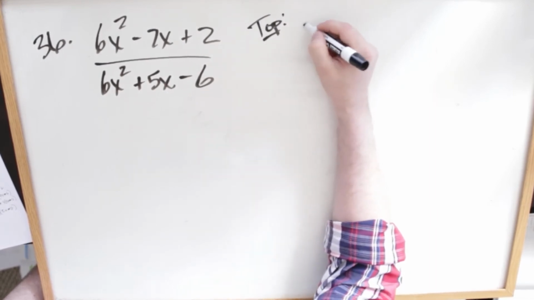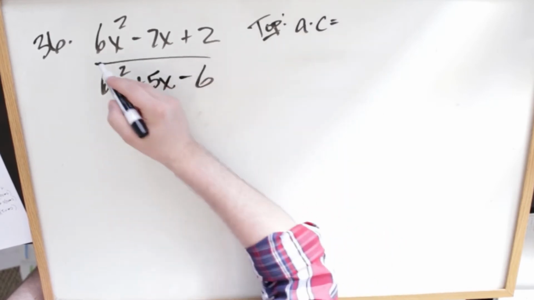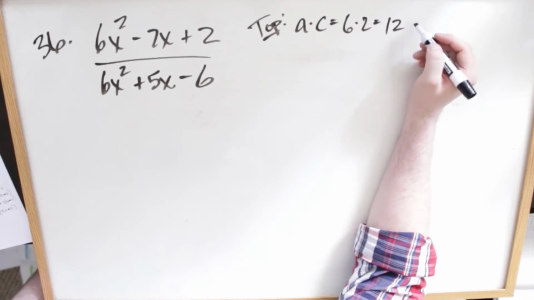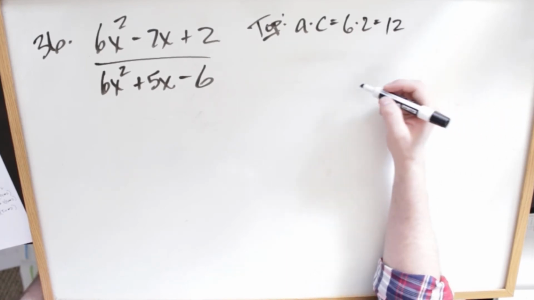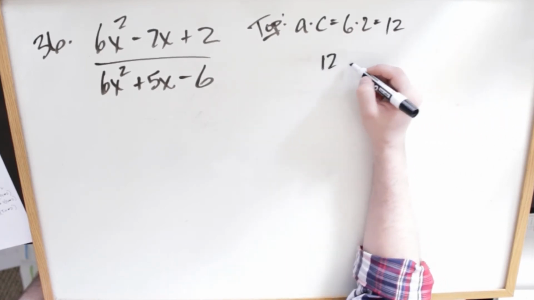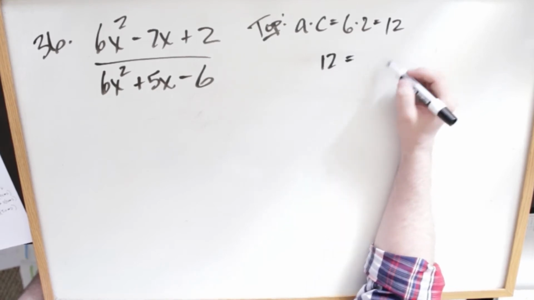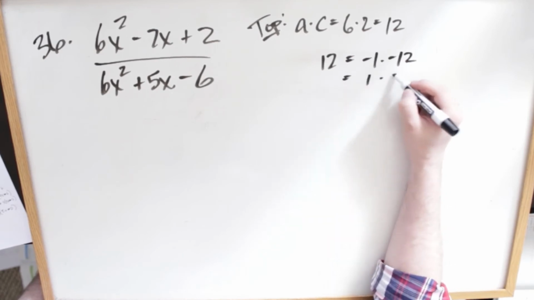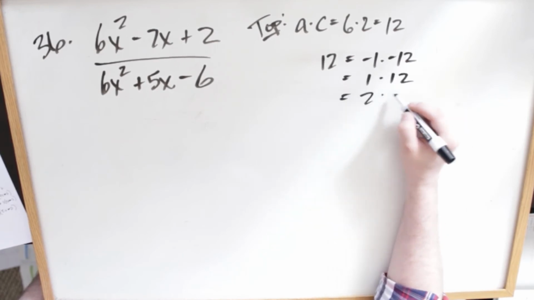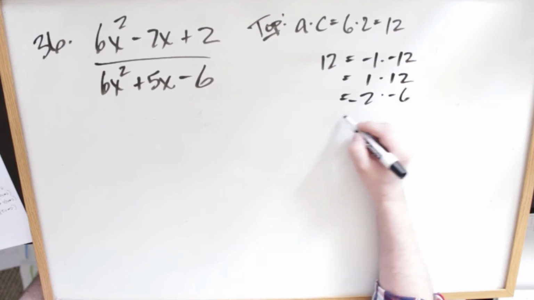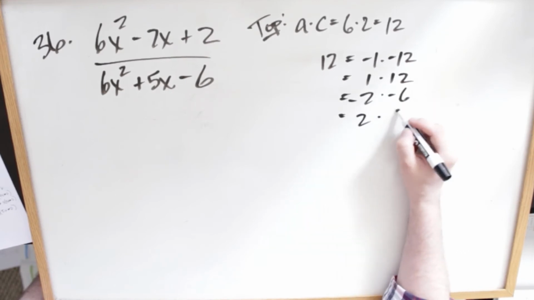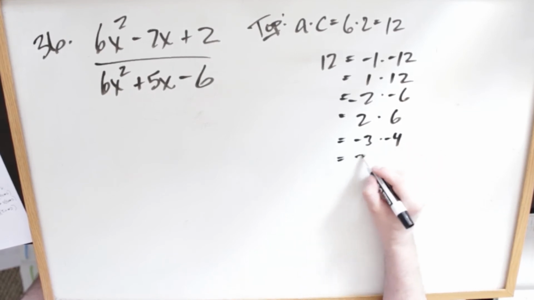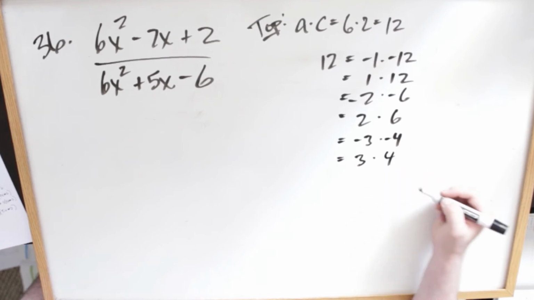So remember, we do a times c, that's going to equal 6 times 2, which is equal to 12. And now I'm going to find the factors of 12. So we've got 12 is equal to negative 1 times negative 12, 1 times 12, 2 times negative 6. I'm going to try to go in the same order as above. 2 times 6, negative 3 times negative 4, and 3 times 4, positive.